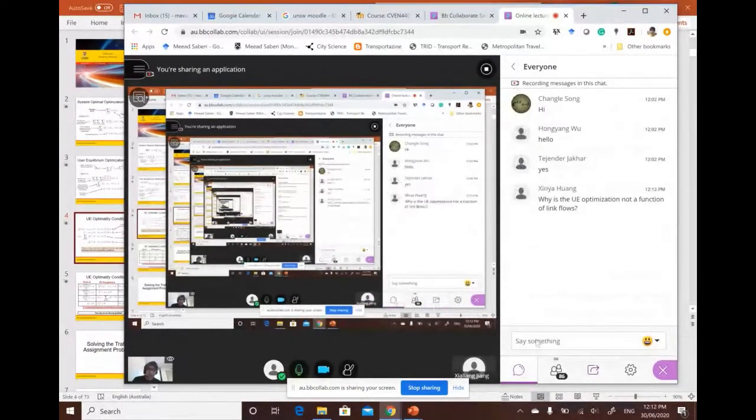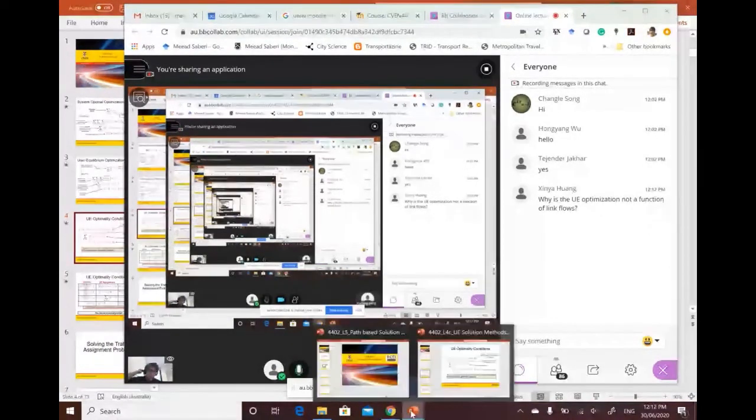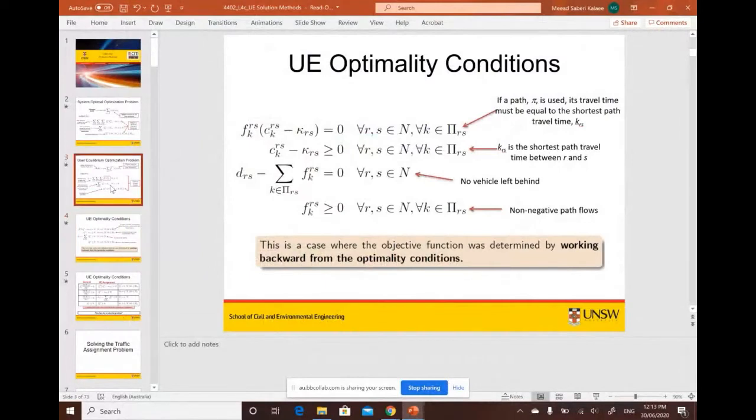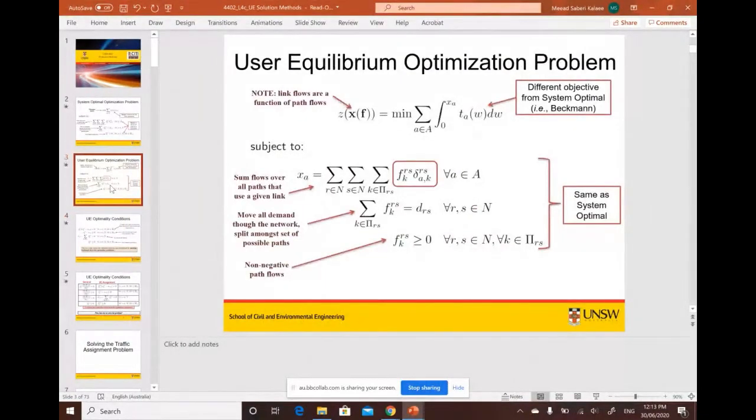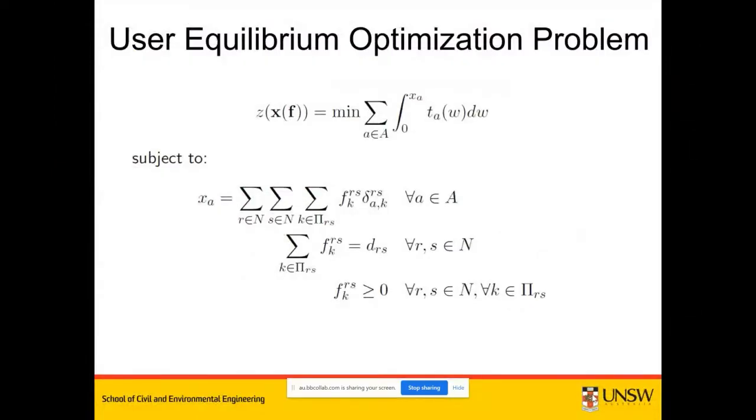Yes. Why is the UE optimization not a function of link flows? In the user equilibrium, the objective function is. So look, your question is actually not correct.